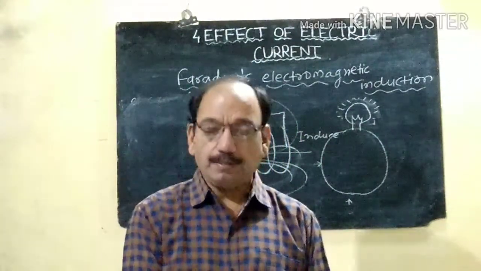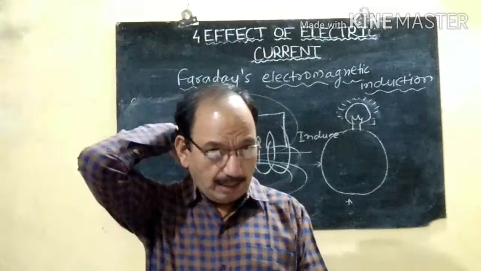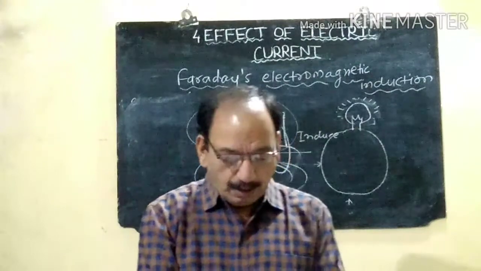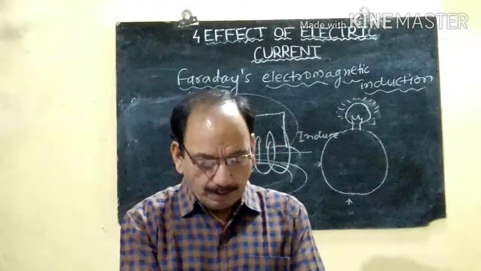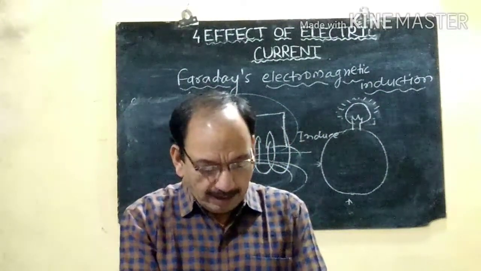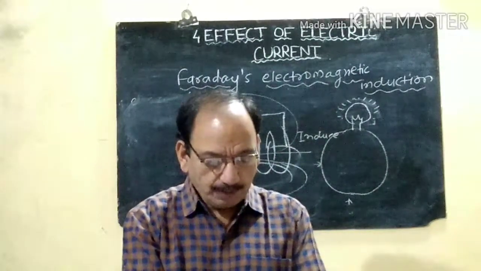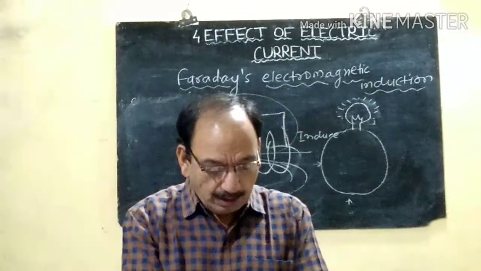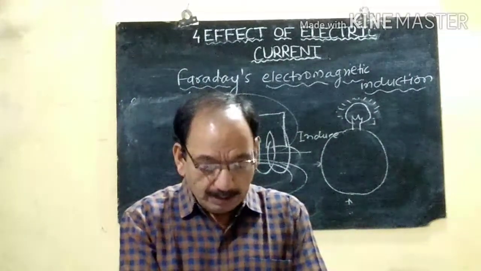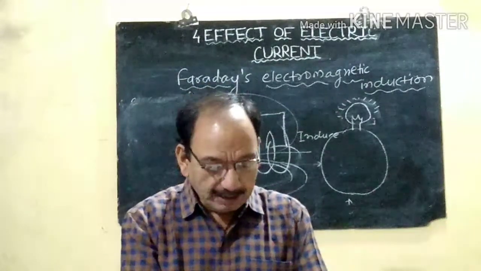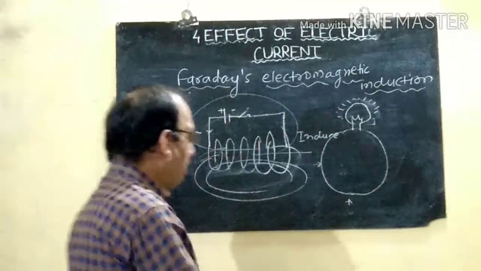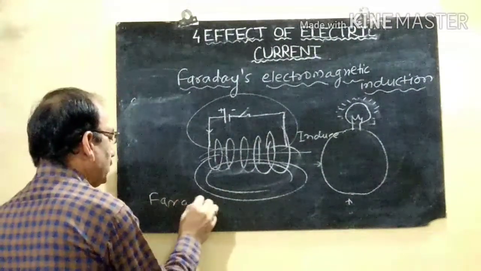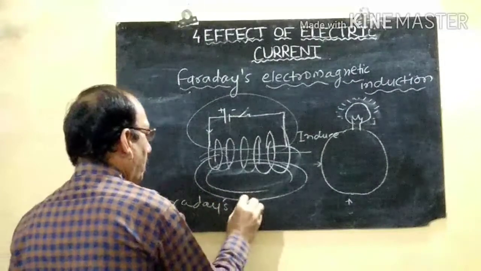From this activity, it proves that whenever the number of magnetic lines of force passing through the coil changes, current is induced in the coil. This is known as Faraday's law of induction.